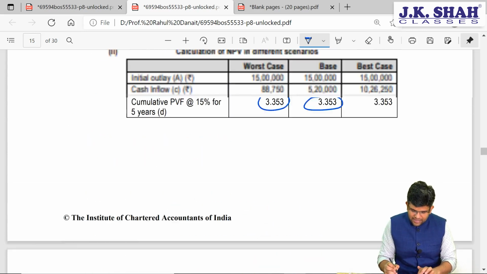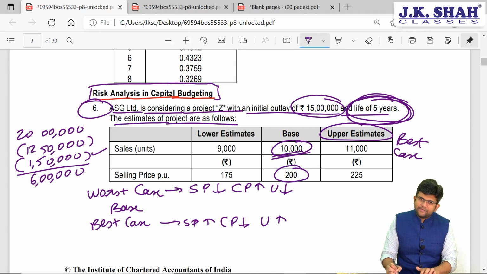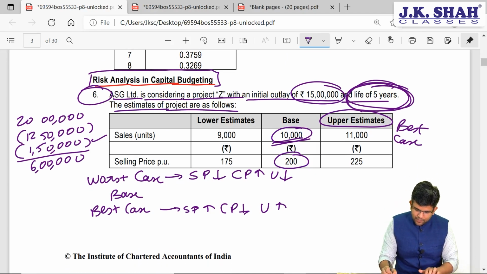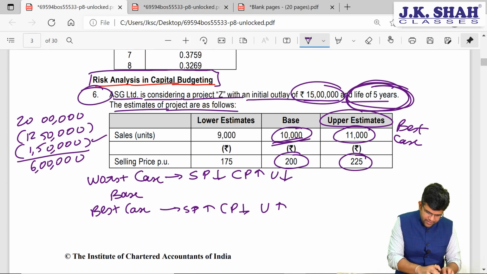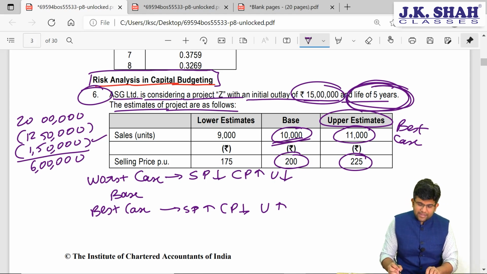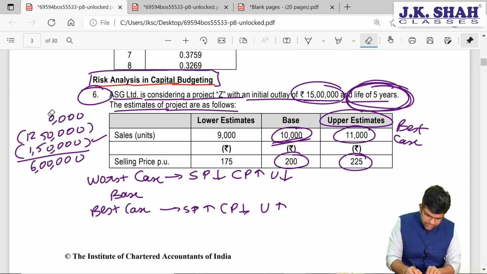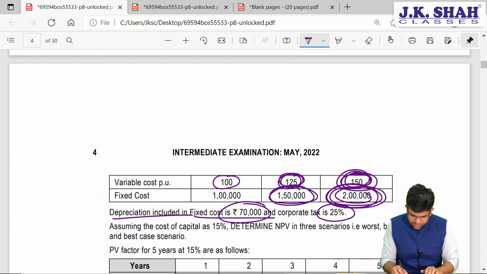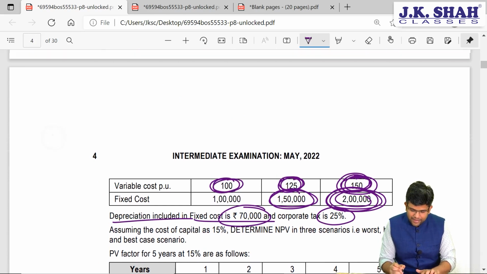Now children, let us analyze the best case. Children, as far as best case is concerned, tell me how much will be the revenues. 11,000 units into 225, 24,75,000. So the units into selling price give you revenues of 24,75,000. As far as variable costs, the lowest, rupees 100 per unit.